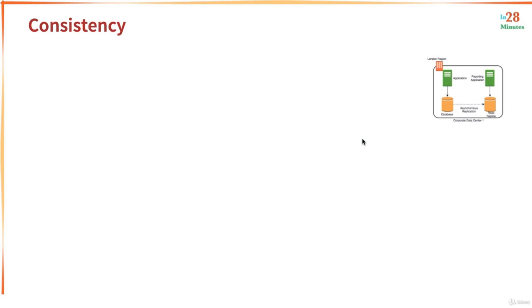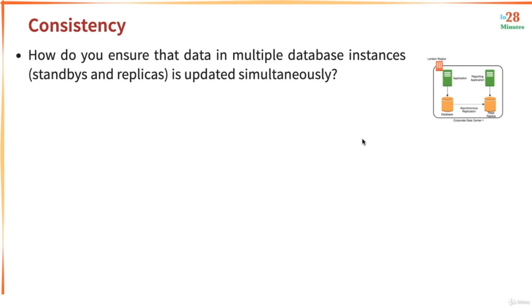Welcome back. Earlier, when we were talking about distributing data and using a lot of standbys, creating a lot of replicas, we talked about a few problems that might result from that. And one of the problems is consistency of data. How do we ensure that data in multiple database instances, standbys, replicas, and others is updated simultaneously?